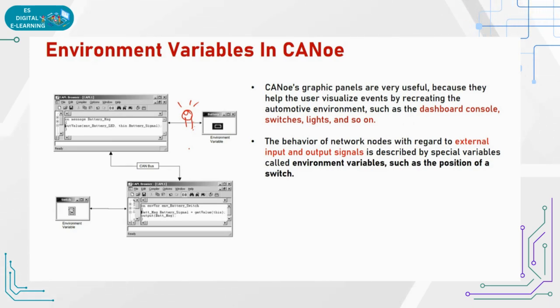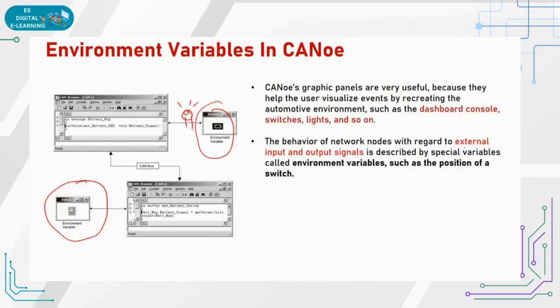We need to understand that these are the external inputs. The behavior of the network nodes with regard to the external input and output signals is described by special variables called environment variables, such as the position of a switch. Whatever the switch position is, we call it the input and output of things.